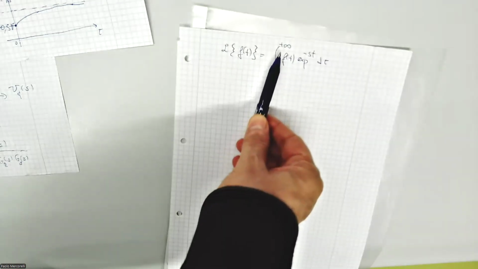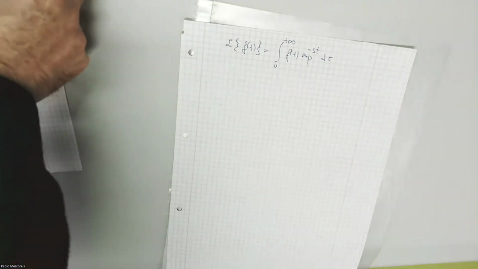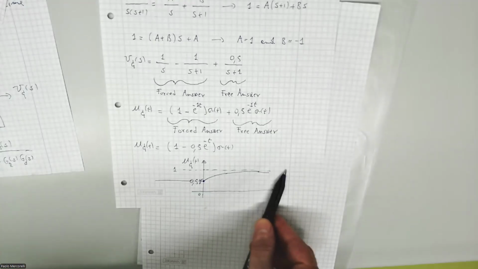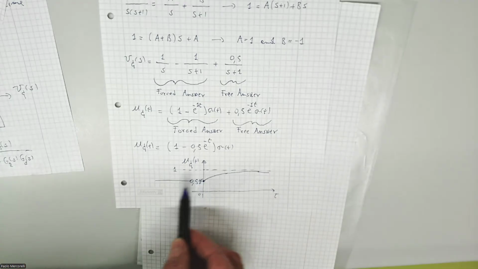From 0 up to infinite. At the beginning, I told you from 0 up to t was not totally wrong. T is running. This means I am considering the phenomenon in all its interval of time.